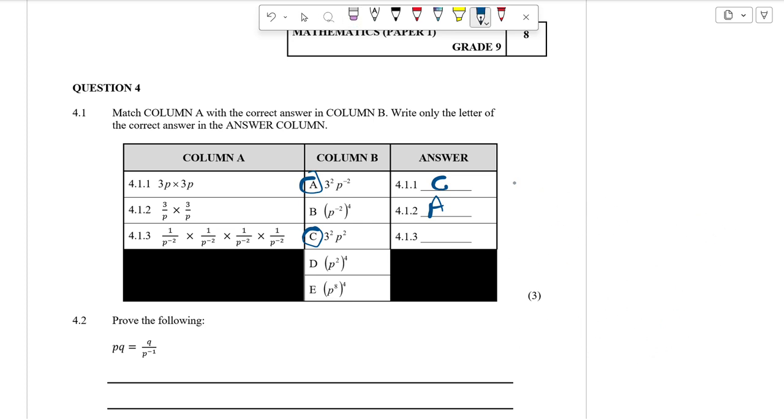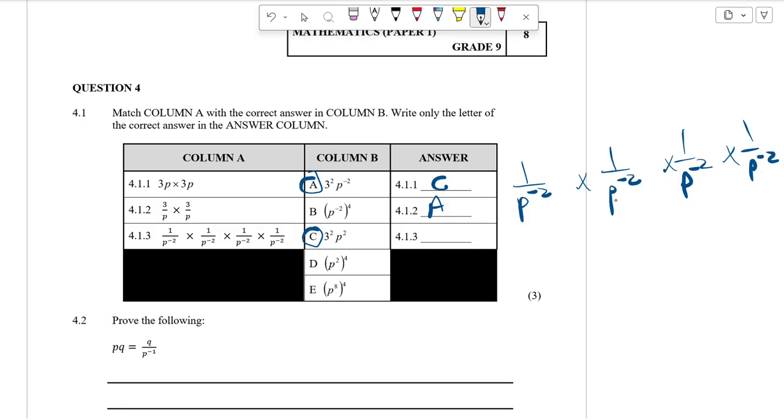Okay, and then we have 1 over p to the minus 2 multiplied by 1 over p to the minus 2 multiplied by 1 over p to the power of minus 2 multiplied by 1 over p to the minus 2. So how are we going to solve this one? So we are going to multiply this thing, okay?